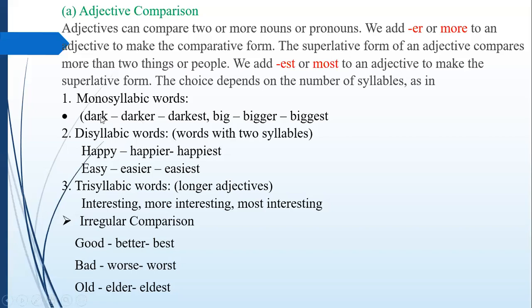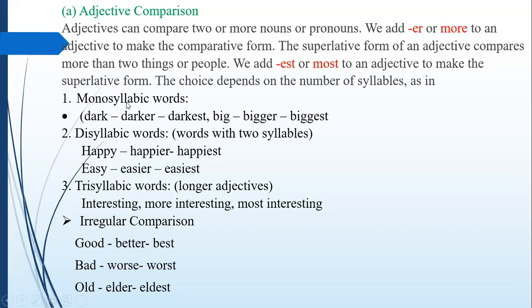But you can't say more dark, because dark consists of one syllable. Dark, here you have only one. How can you know that this word has 1, 2, 3, 4, 5 syllables? By counting the vowels in the word.